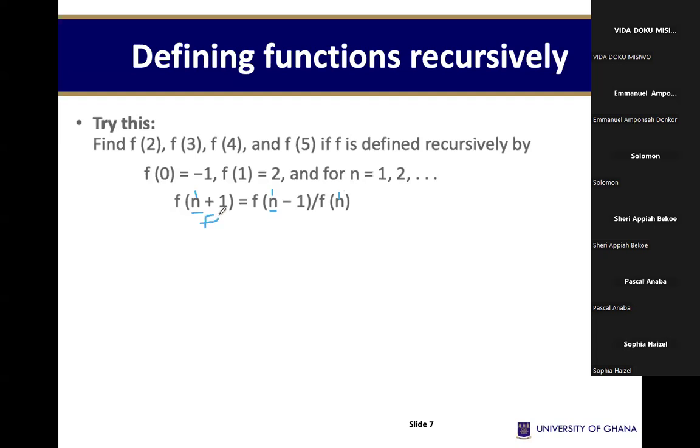That's going to give me F of 2 equal to F of, this is 1 minus 1, which will be F of 0, divided by F of 1.